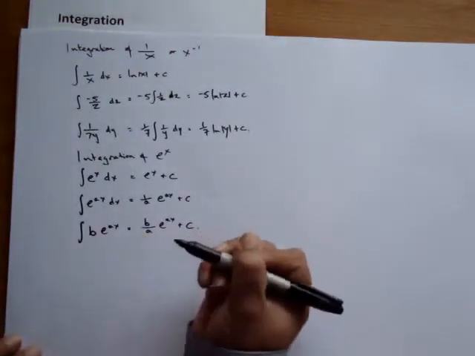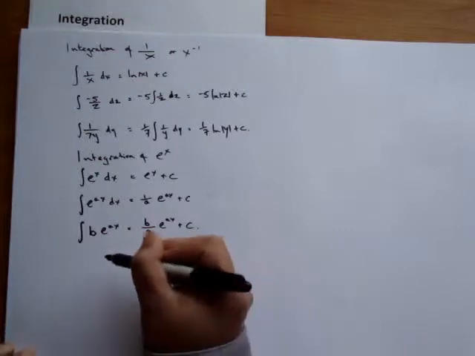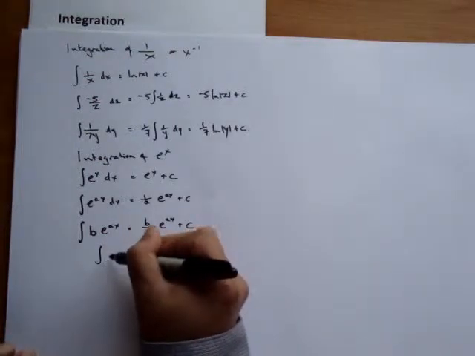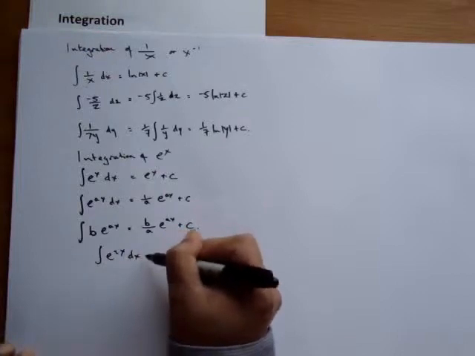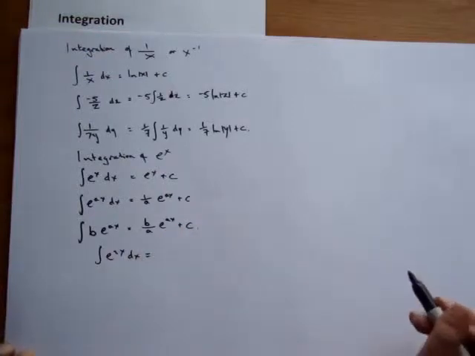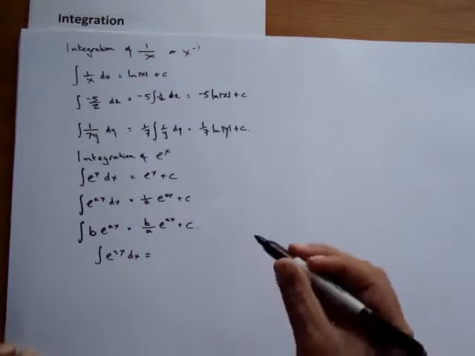So for example, integral of e to the 2x dx equals, if you don't remember this, we can actually do this by u sub.